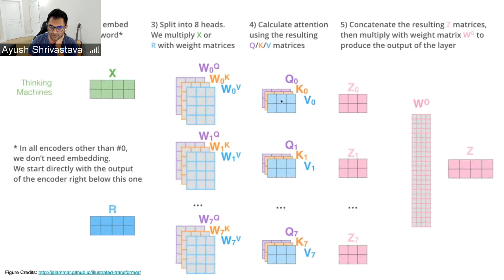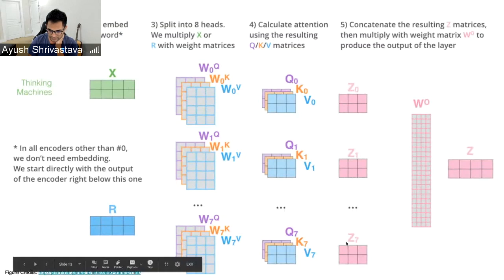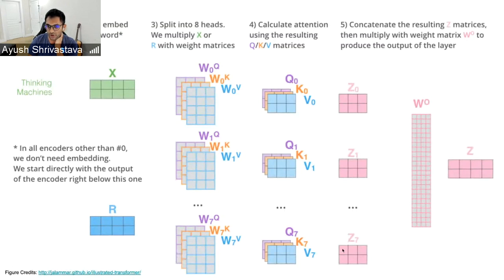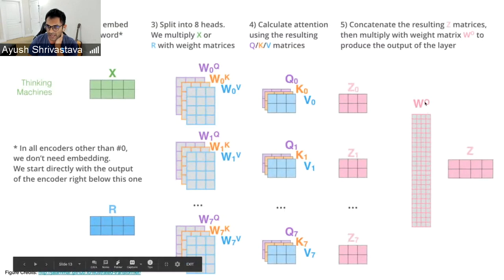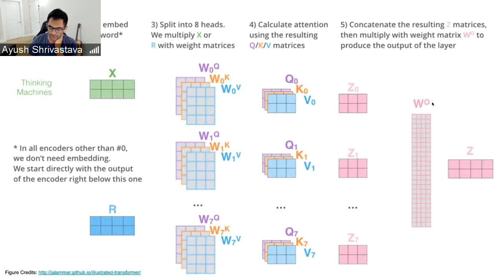After that, we perform self-attention between them, and this gives us Z0 to Z7 representations. Then we concatenate them and transform them back to the initial space using this W^O matrix. This gives us the output Z, which is the output for this multi-head attention block. And this would happen on and on in different layers in the encoder.